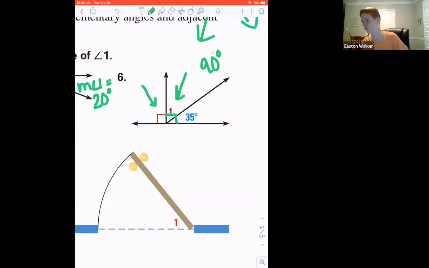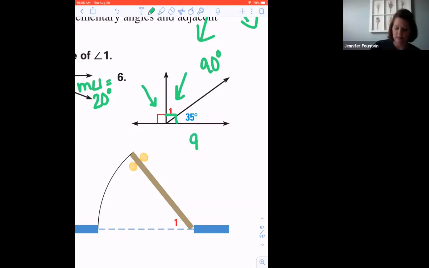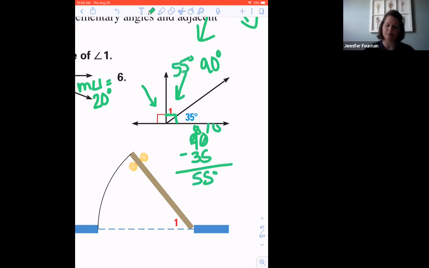So 90 degrees minus 35 will give me 55 degrees. We know that this angle here will be 90 degrees. So if I added 35 plus 55 plus 90, that's going to give me 180 degrees. Any questions on those?